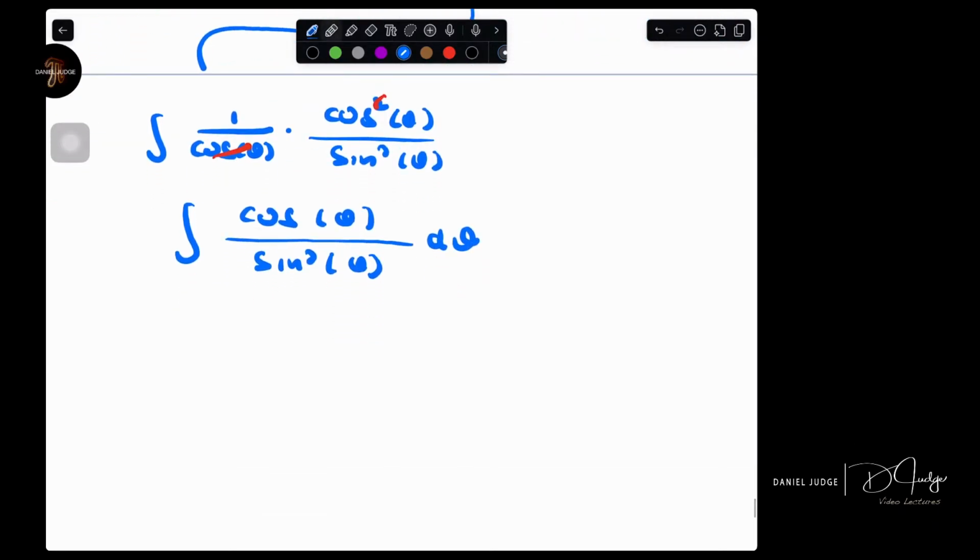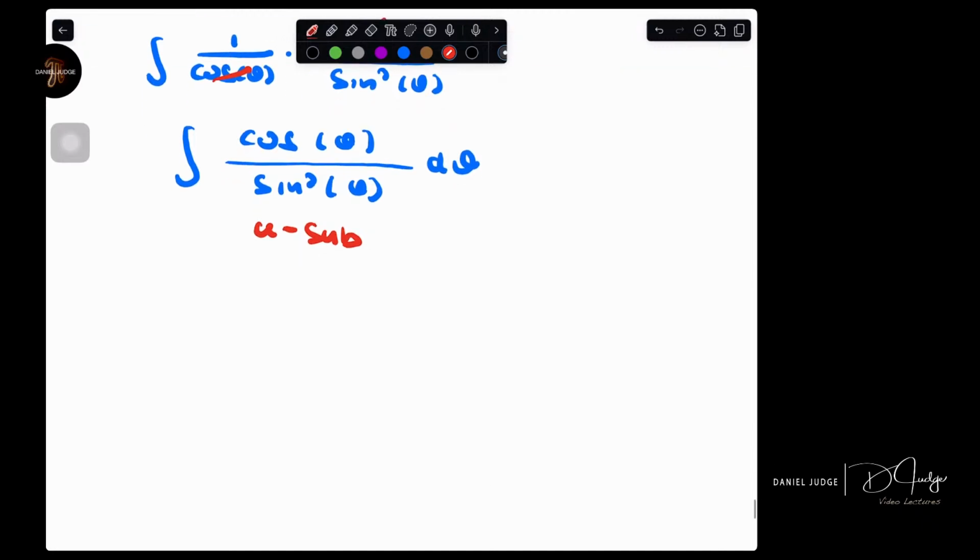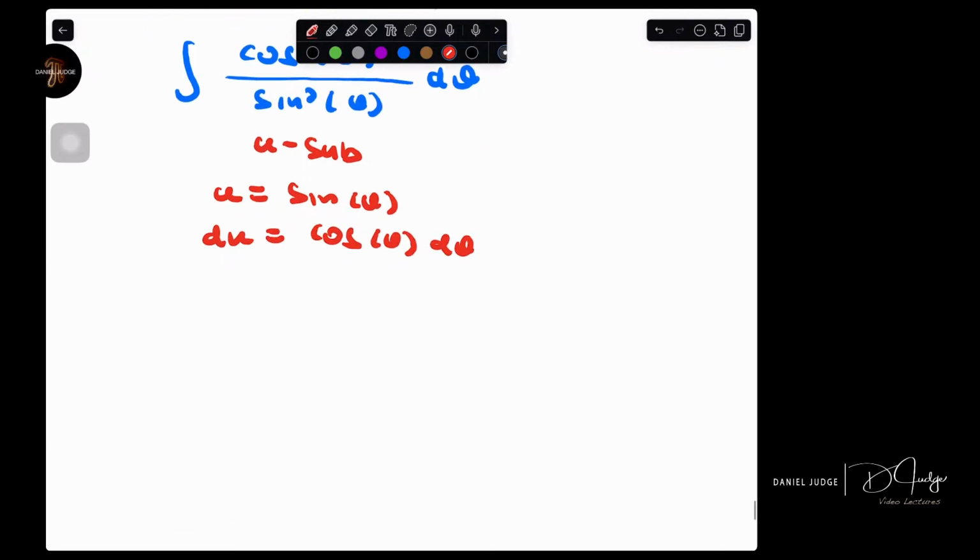Now, ladies and gentlemen, this is u substitution. I think we've seen this before, right? U is going to be sine theta, which means the derivative of sine is cosine theta d theta, so d theta will be du over cosine theta.